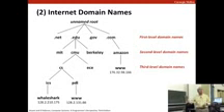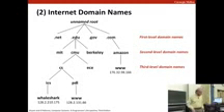Many countries have their own suffix, so .de is for Germany and so forth. Those are called the first level domain names, and then there's a hierarchical naming structure under that.